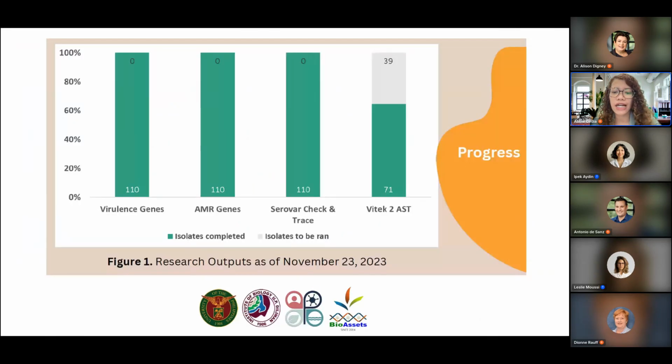This data is from our 2023 update, so we haven't updated yet on the antibiotic susceptibility testing. But as you can see, the 110 have already had their virulence genes and AMR genes identified. Now we're just waiting for the antibiotic sensitivity testing of these 110.